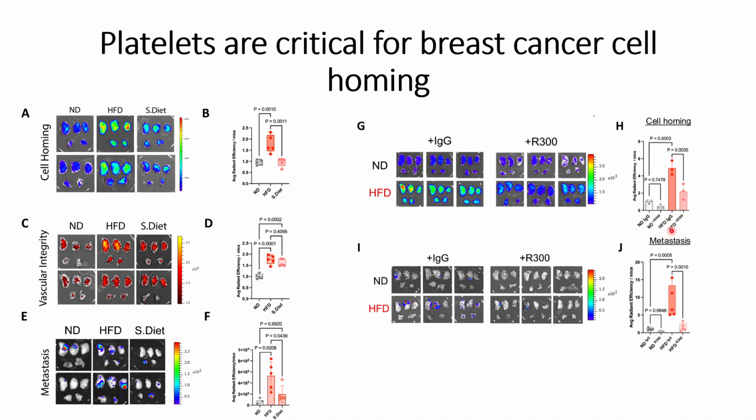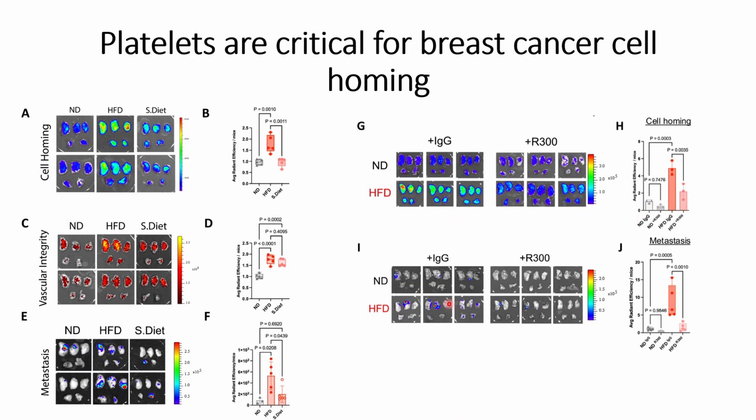But compared to the HFD control mice conditions, where the radiance intensity is higher, and compared to the case where we used R300 to inhibit platelet activation, we can see a decrease in cell homing, indicating that platelets play an important, critical role towards breast cancer cell homing.